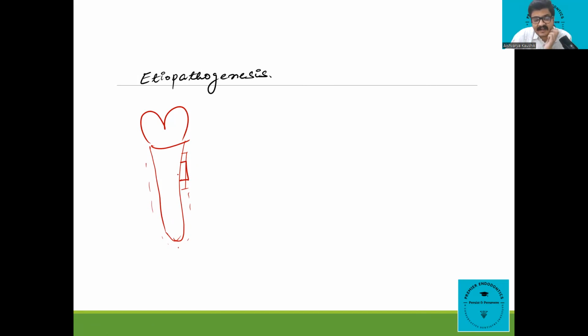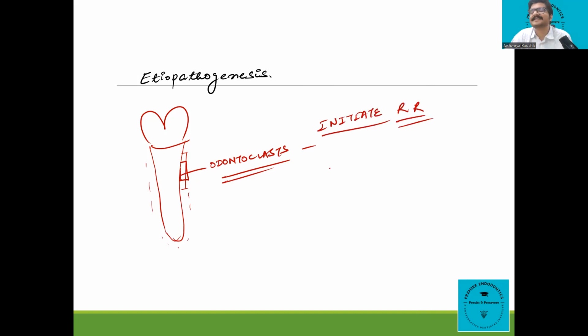So the underlying mineralized tissue is exposed to be attached to the odontoclasts, which can now initiate the root resorption. So that's the first step. When you talk about etiopathogenesis, the first step is initiation of root resorption.